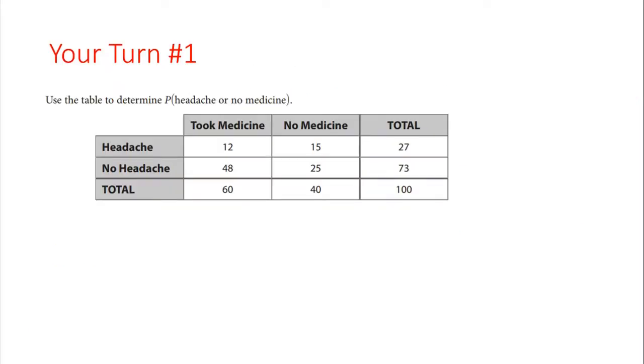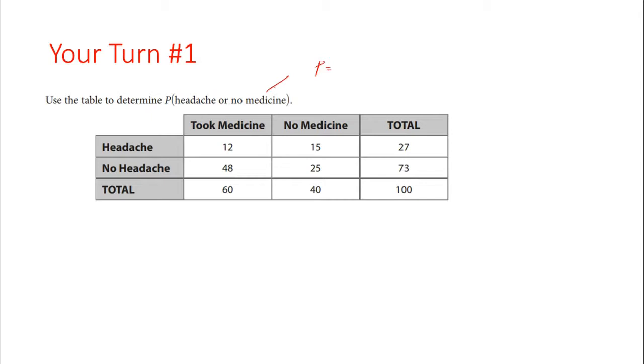All right, your turn number 1. I want you to find me the probability of headache or no medicine. So again, you have to think about what's the probability of a headache, what's the probability of no medicine, minus the probability of headache and no medicine. So it's the same idea. So again, I'll go ahead and put it here.